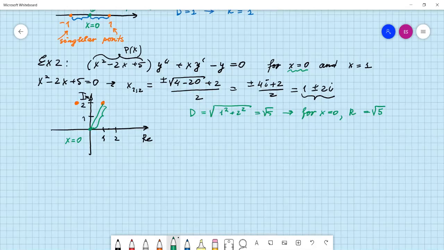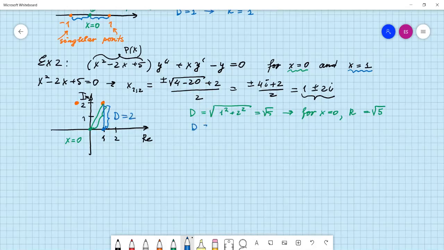I'm going to change my color. Let's make it blue, and draw my second point. My second point is x equals 1. So I'm going to graph x equals 1. And I see that for x equals 1, this point is kind of far away, and the closest point is this. What is this distance? You look at the picture and see that the distance equals 2.